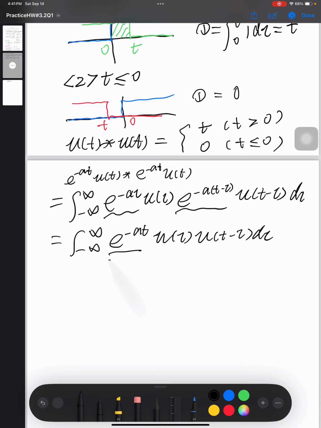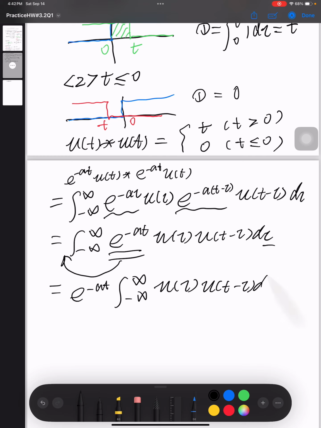We can see here that e to the minus a t is a constant, not a function of tau, so we can move it in front of the whole integral. So we get e to the minus a t times the integral of u(tau) u(t minus tau) d tau.